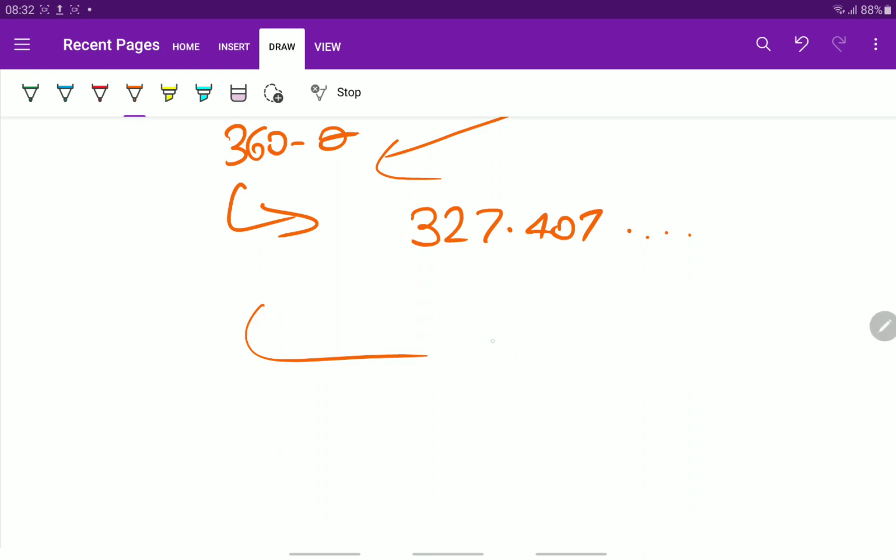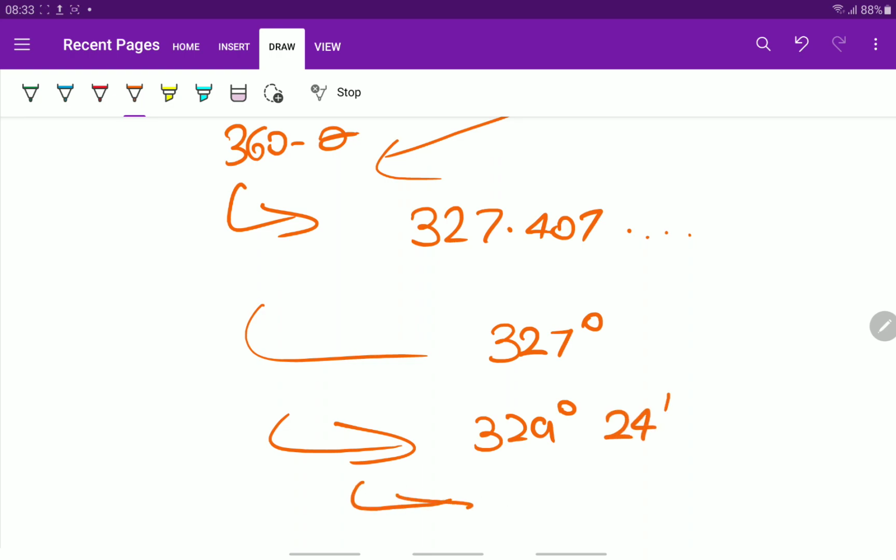To the nearest degree, it's 327 degrees. If they ask to the nearest minute, 327 degrees, 24 minutes. And to the nearest second, 327 degrees, 24 minutes, and 26.71 seconds.